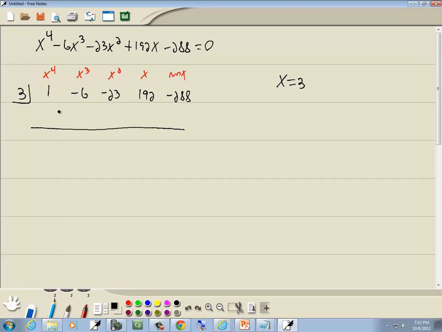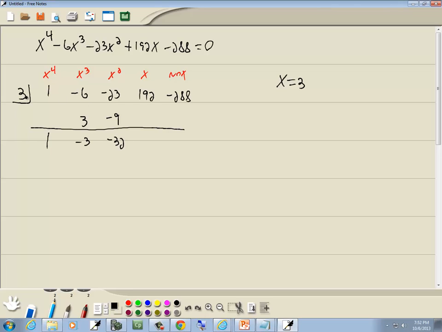Well, we're going to go through a series of adding and multiplying over and over till we're done. So 1 plus nothing is 1. Always multiply by the number in the box, by the number you put down there. 3 times 1 is 3. Add. -6 and 3 is -3. Multiply, 3 times -3 is -9. Add, that gives us -32.